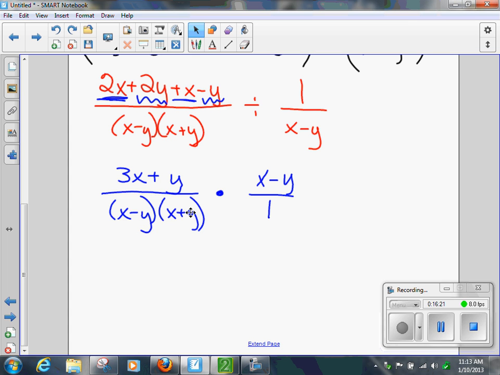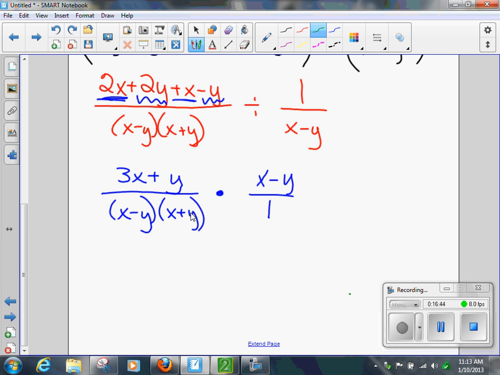And what now? Now, to make this easier on me, if I cross cancel, just because I did not put parentheses around this x minus y, does it mean anything? Is it untouchable?